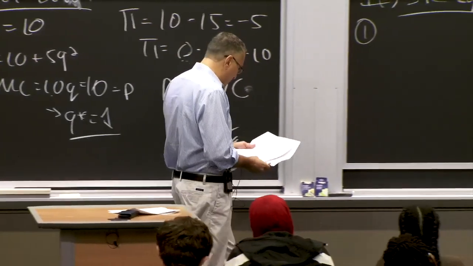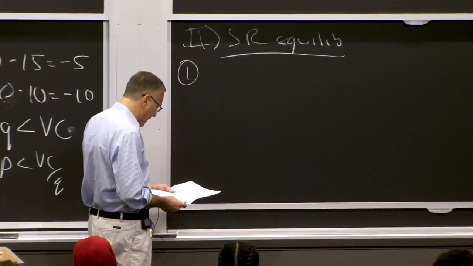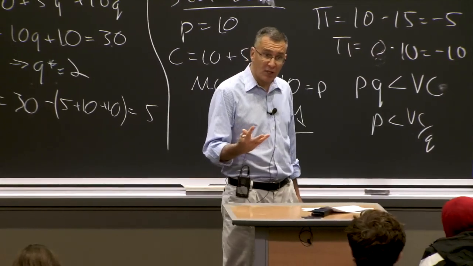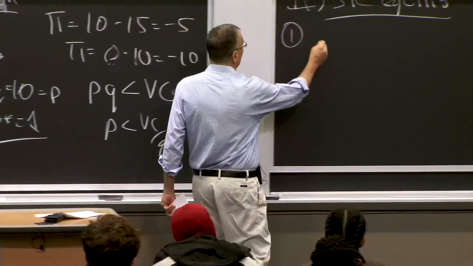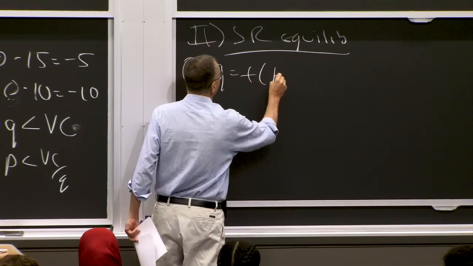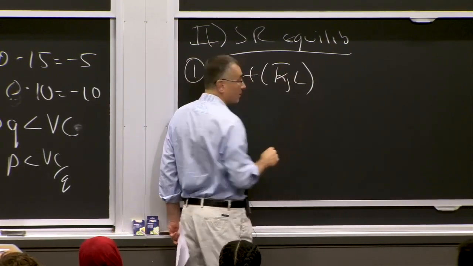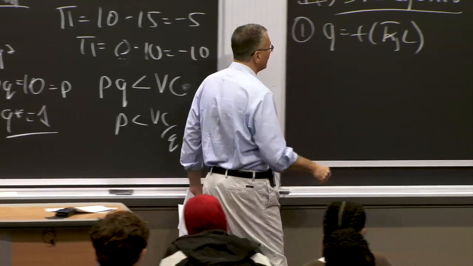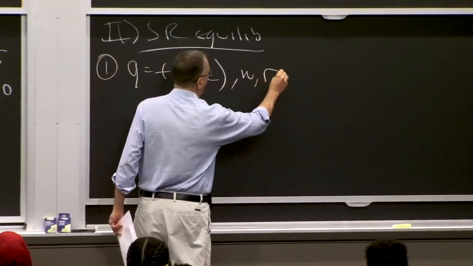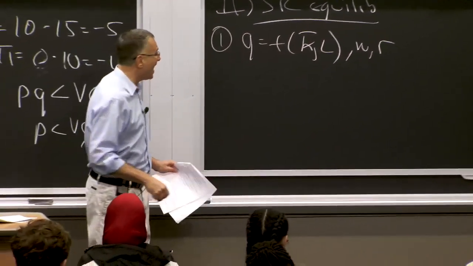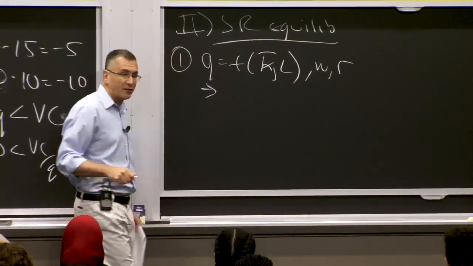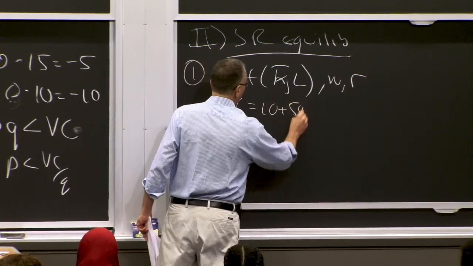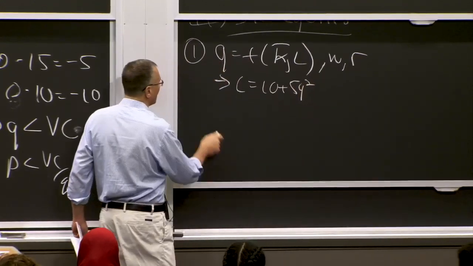So each firm has a K-bar, and based on that, it has a production function, Q equals F of K-bar, L. We have some input prices, some W and some R. Taken together, we can use those to create a cost function, which in our example was C equals 10 plus 5Q squared.